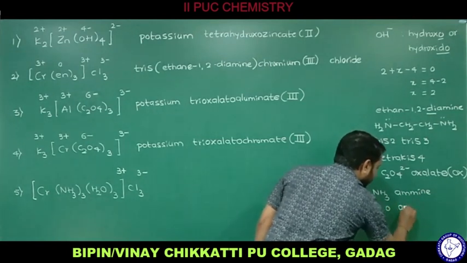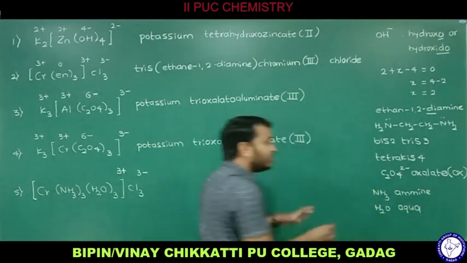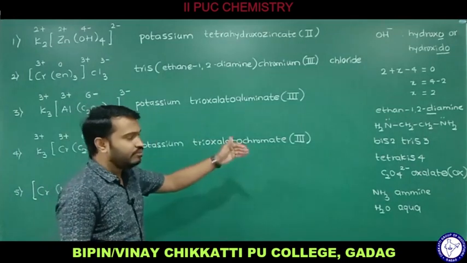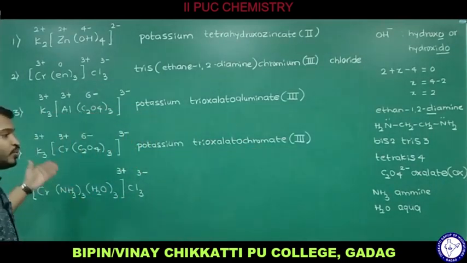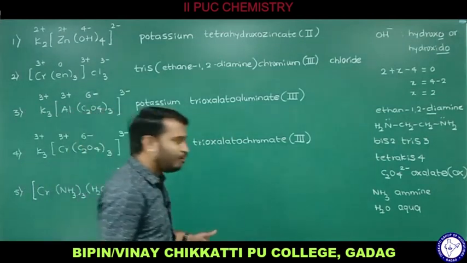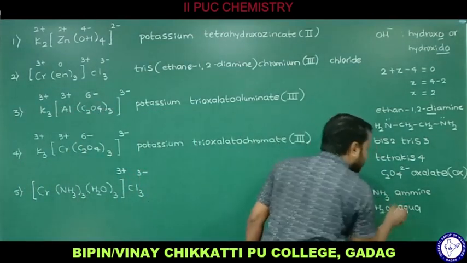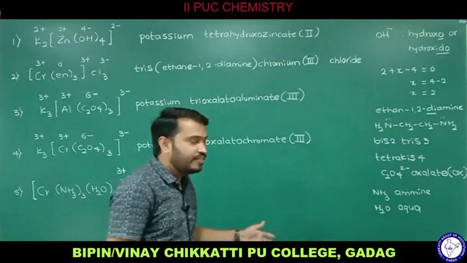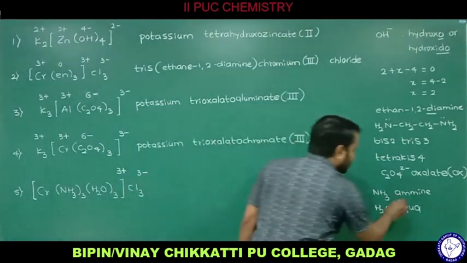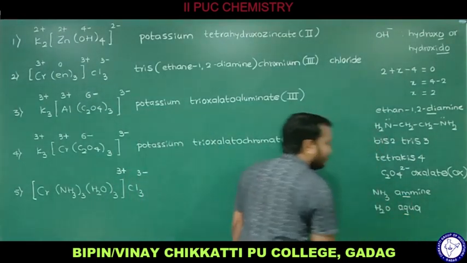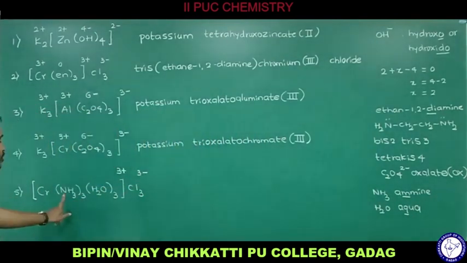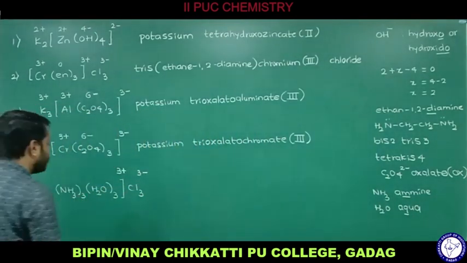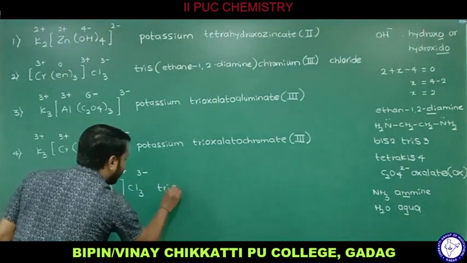The name of NH3 as a ligand is ammine, and the name of H2O is aqua, and both are neutral ligands because there is no charge. If you have more than one different ligand, you need to write the ligand names in alphabetical order. The first letter is the same, so move to the next one: M comes before Q, therefore ammine has to be written first. We have three ammine, so I am going to write triammine.